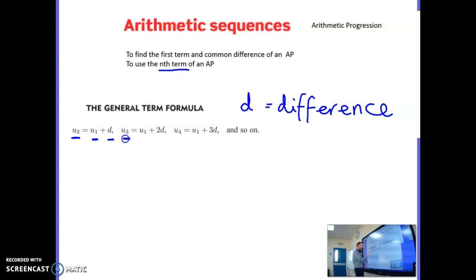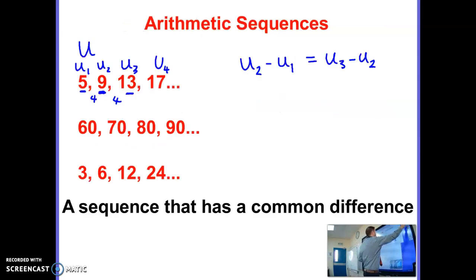We know that U3 is the first term plus 2 lots of the difference. Let's have a look at that on the previous slide. This is equal to U1 plus 2 times the difference.